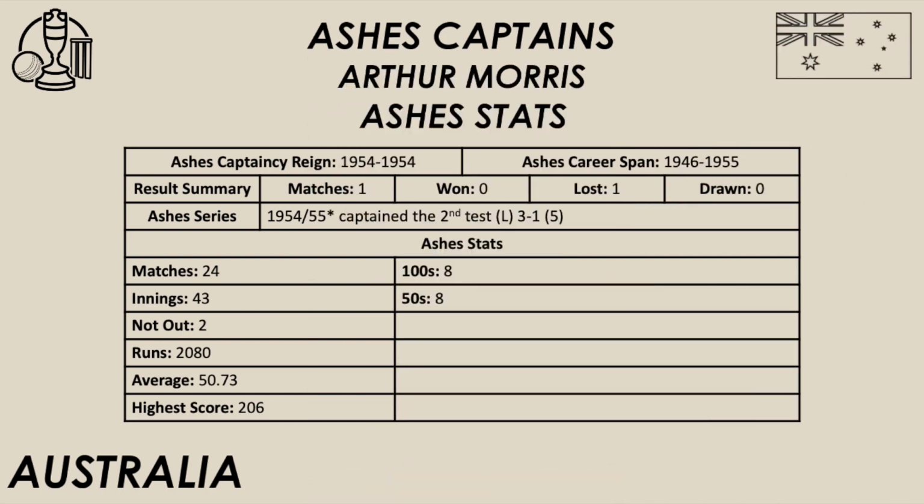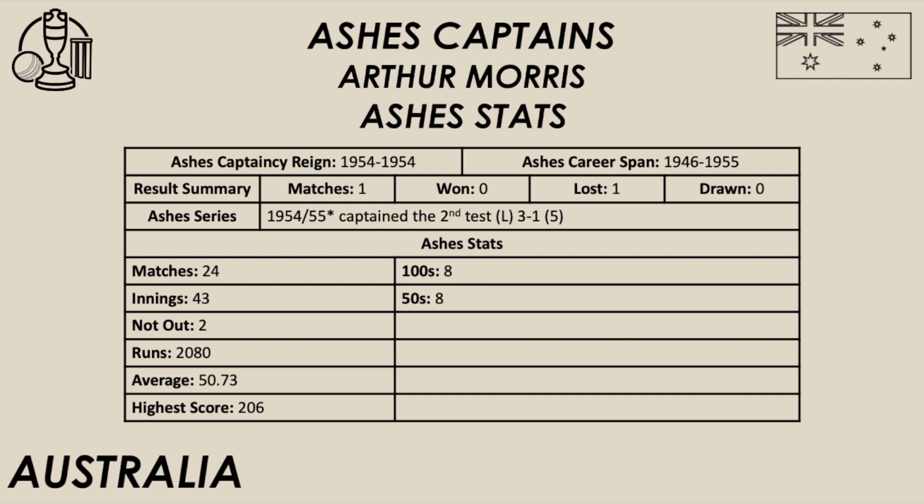Arthur Morris was a fine opening batsman for Australia, scoring 3,533 runs at 46.48, with 12 centuries, highest score of 206 in 46 Test matches in a career that spanned from 1946 to 1955. He became Australia's 24th Test captain.